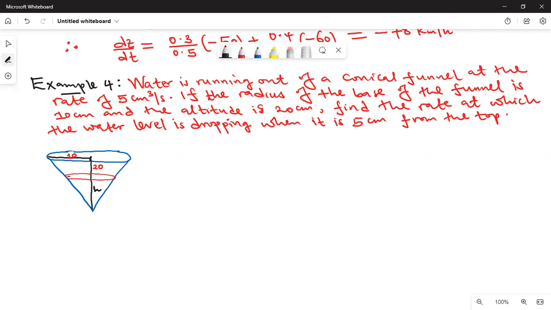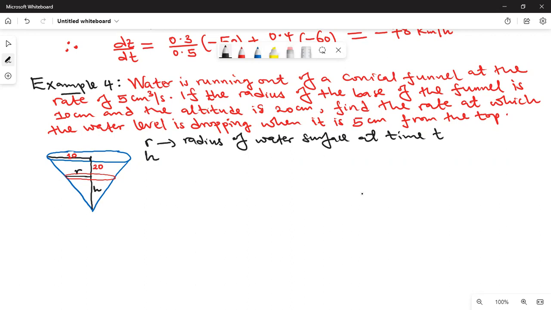This is h, height, and this is radius r. So r is the radius of the water surface at time t.